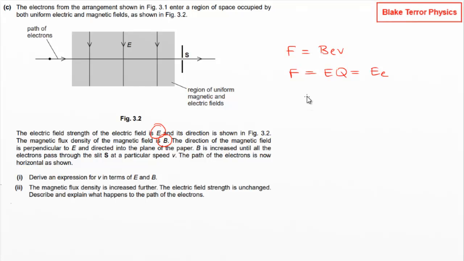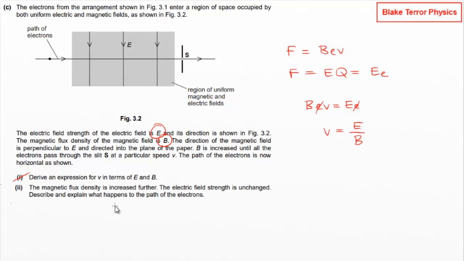And these things have got to be the same. So we're saying that Bev is equal to E times e. Now, there's a lot of E's here. So we've got the capital E and the little e for the charge on the electron. We can cancel those and say that our v is E over B. So that's velocity selectors for you.